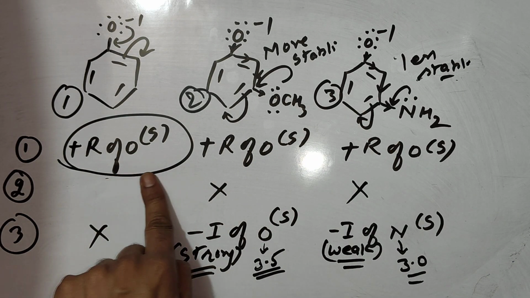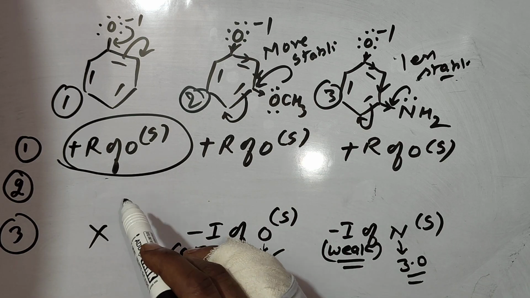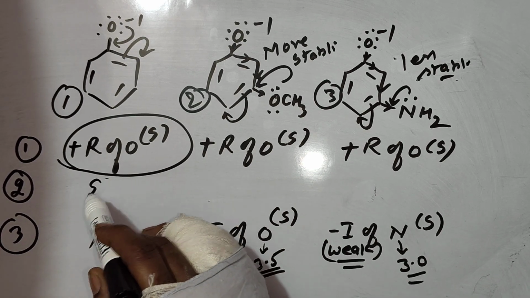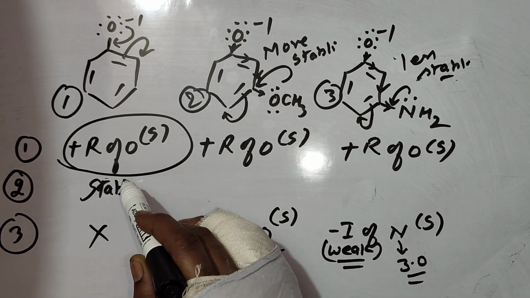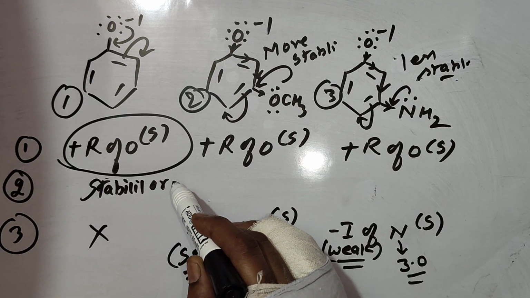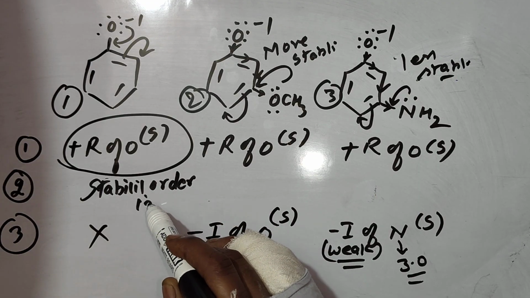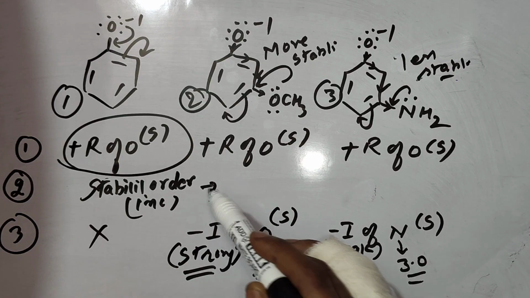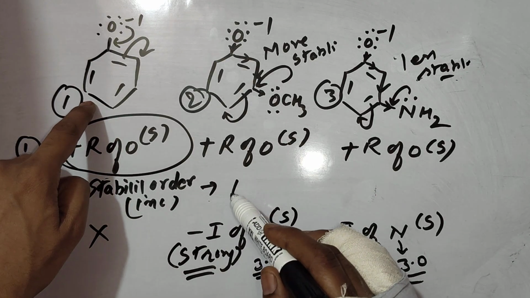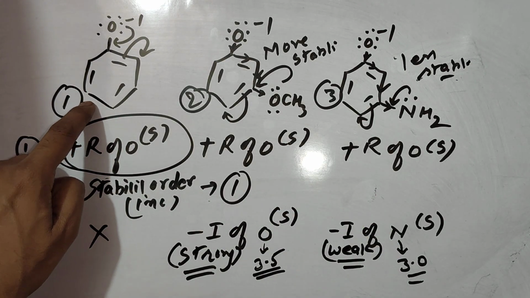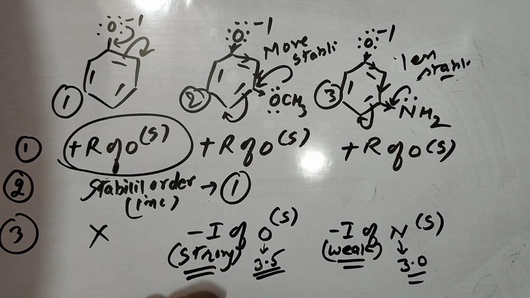So I am writing order here, stability order, increasing order of stability. So which will be least stable? 1, because it is getting stability only by one factor. Now both are getting stability due to two factors, you can check.